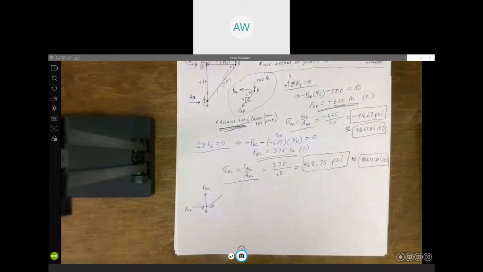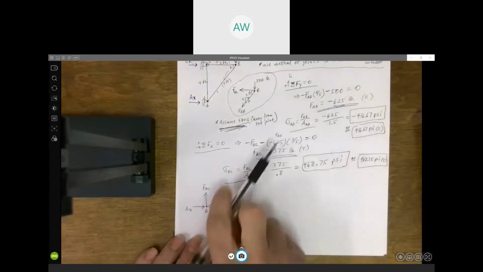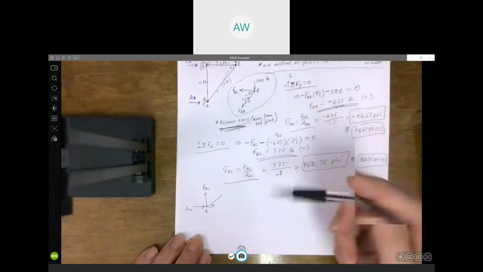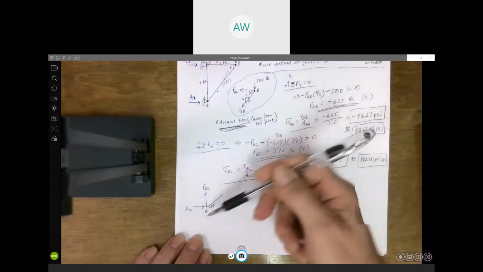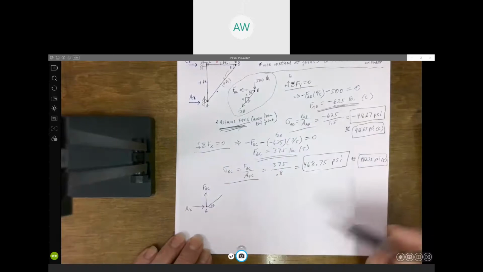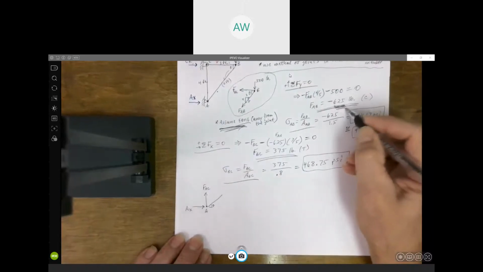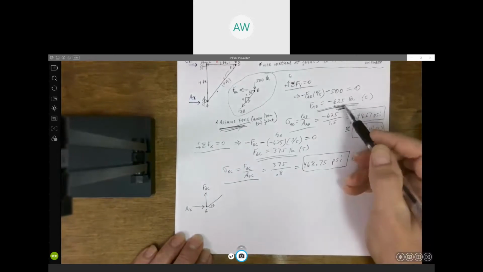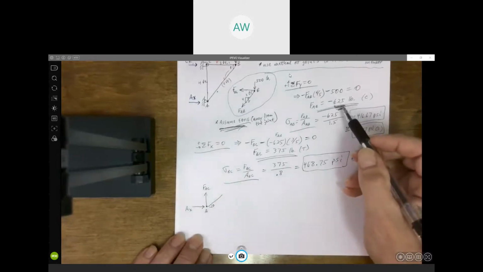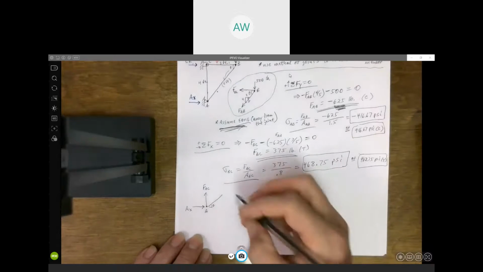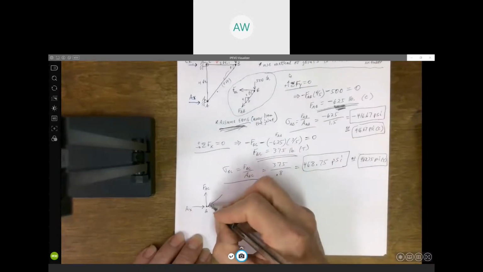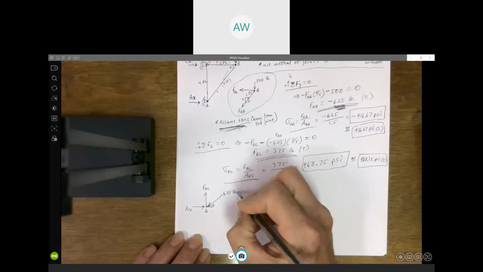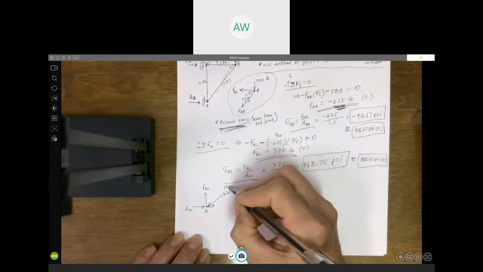But we have a choice: it's either going up and to the right, away from the joint, or down to the left, toward the joint. I know it's 625 pounds, which we calculated already, but it's in compression. Whereas tension goes away from the joint, compression goes toward the joint. This is 625 pounds, force AB.